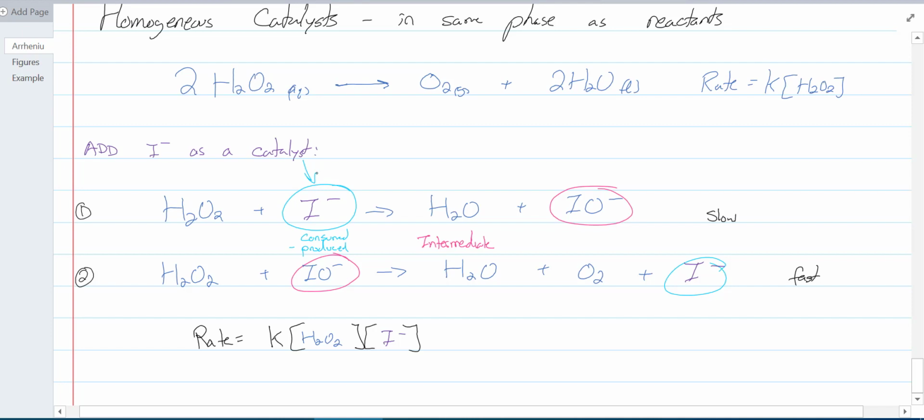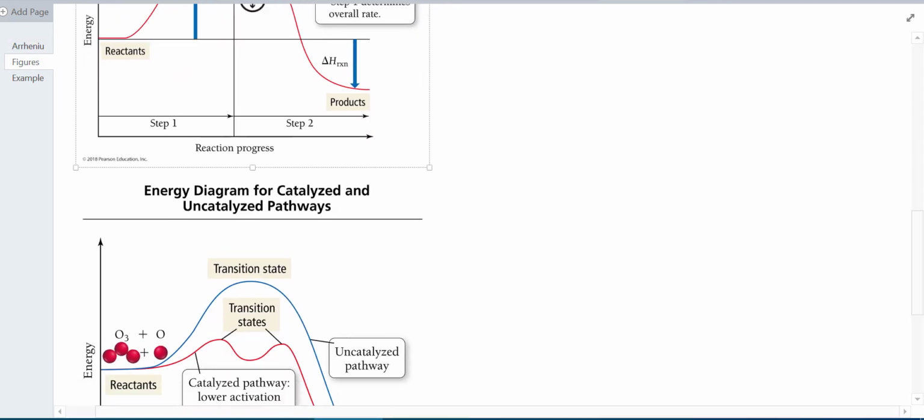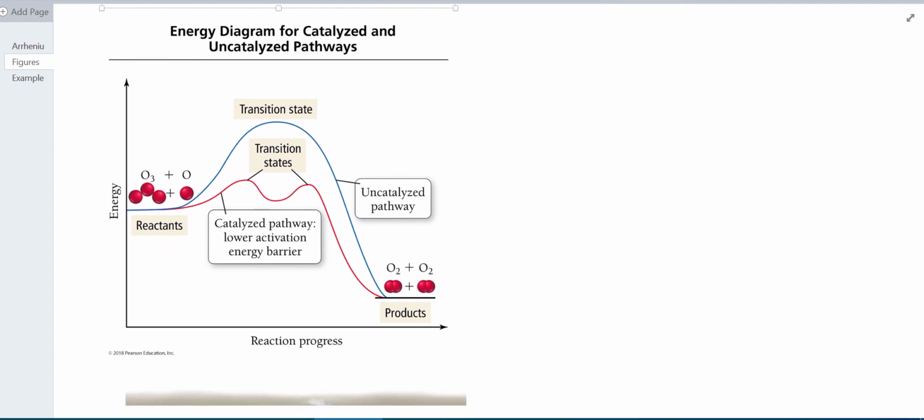If we look at a figure here, here's the difference between, for example, ozone and oxygen going to 2O2. There's the uncatalyzed pathway with its activation energy. So the uncatalyzed EA is that big.